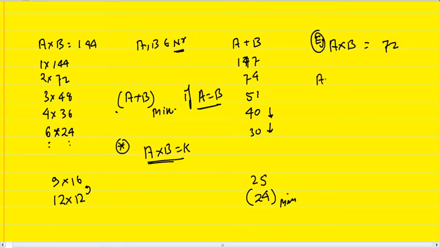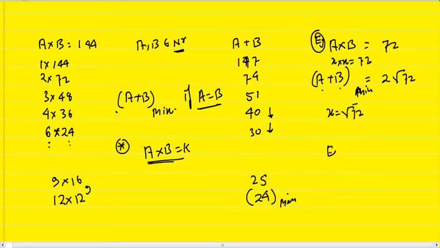Now, if you want the minimum possible value of A plus B, and A and B are positive real numbers, that is the only condition given to us, then you assume this as a variable x into x is equal to 72. So x is equal to root over 72. So A and B both are equal. So 2 root over 72 is the answer, guys. You take x is equal to root 72 and you put in A and B.